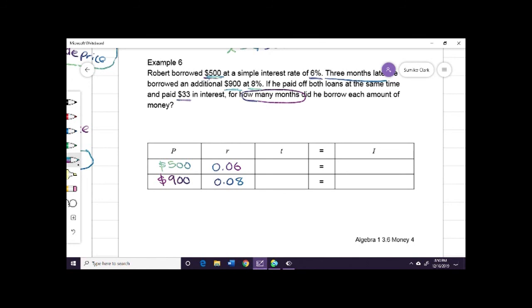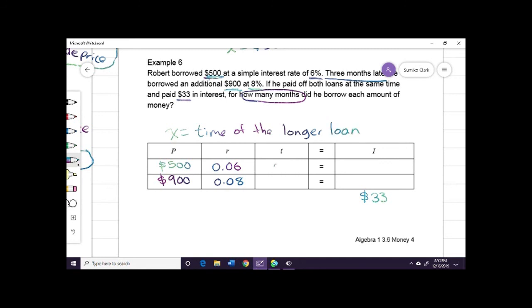If he paid off both loans at the same time and paid $33 in interest, so that's the total of both interests together, for how many months did he borrow each amount of money? So our big question is the time. We don't know the time. So let's say that x equals the time of the longer loan.